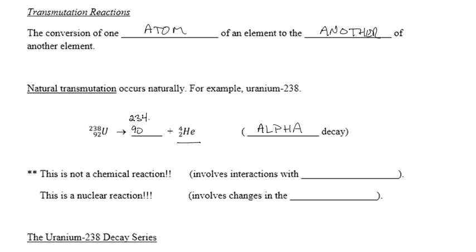We look up atomic number 90 in the periodic table, and we see it is thorium. So the important thing to notice about a natural transmutation is the radioactive particle, in this case an alpha particle, is to the right of the arrow.